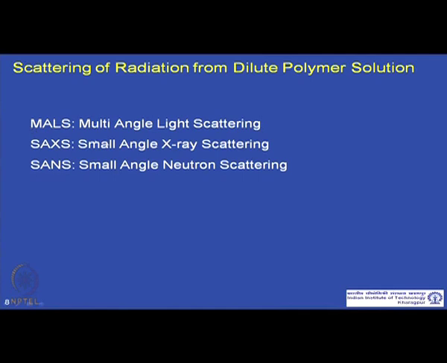We will restrict our discussion mainly to multi-angle light scattering, and then we will briefly mention the difference of small angle X-ray scattering and small angle neutron scattering from light scattering, and what information you can get from SAXS and SANS.